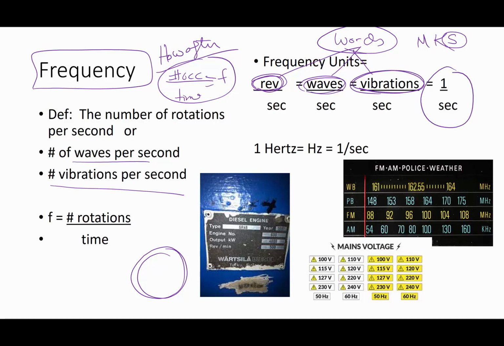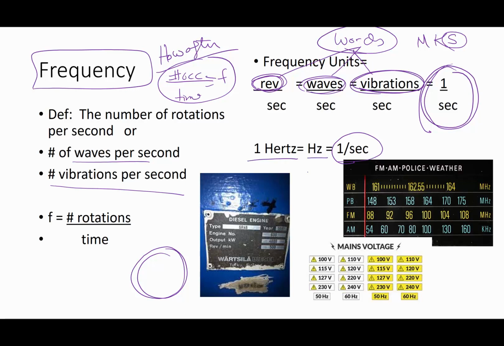What per second? Well, we have to put a descriptor on top. Vibrations per second, revolutions per second. But frequency units are actually per second. Because this is so uncomfortable for us to say, a new unit that is equivalent to 1 per second is called the hertz, abbreviated capital Hz.